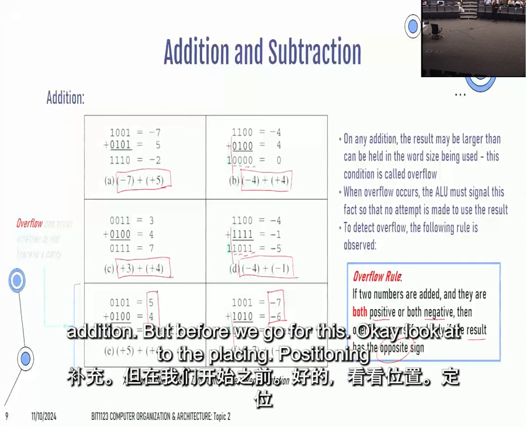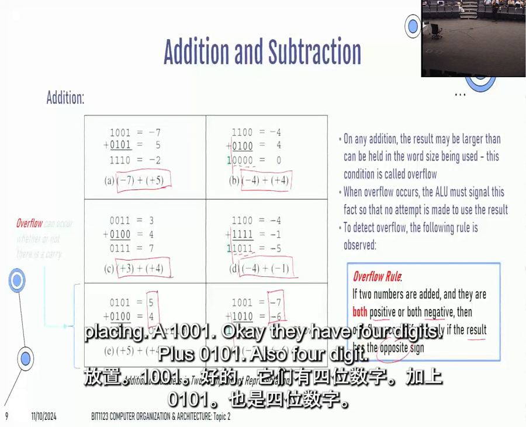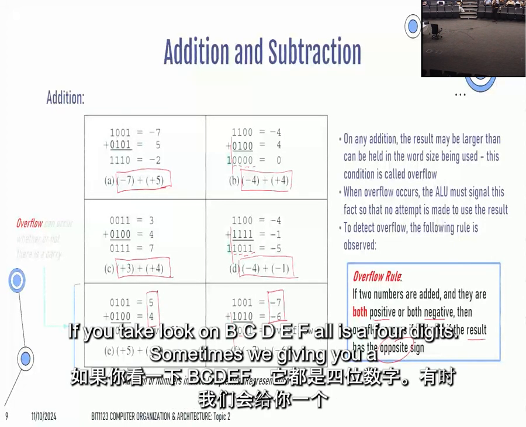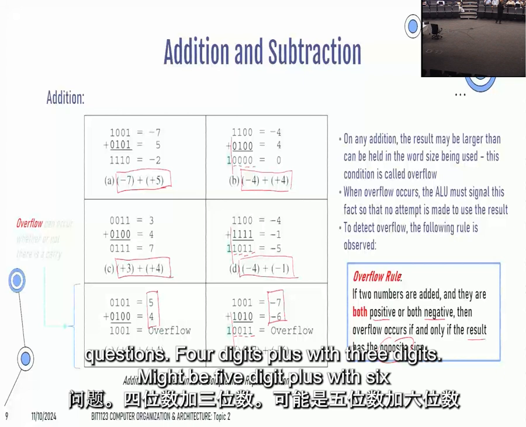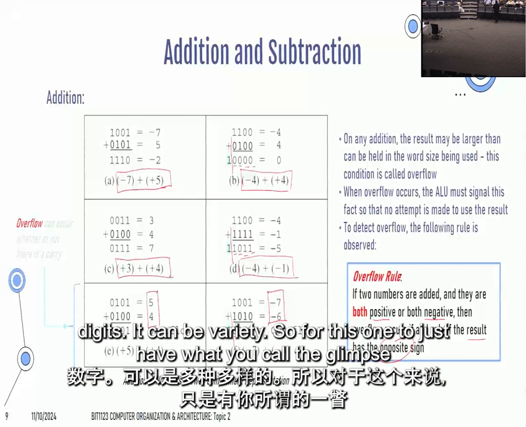But before we go for this, look at the positioning, placing. A: 1, 0, 0, 1, they have 4 digits, plus 0, 1, 0, 1, also 4 digits. If you take a look at B, C, D, E, F, all are 4 digits. Sometimes we give you questions with 4 digits plus 3 digits, or might be 5 digits plus 6 digits. It can be a variety.